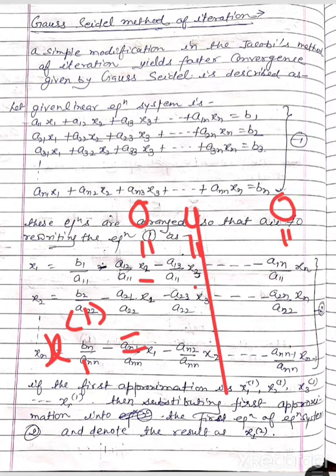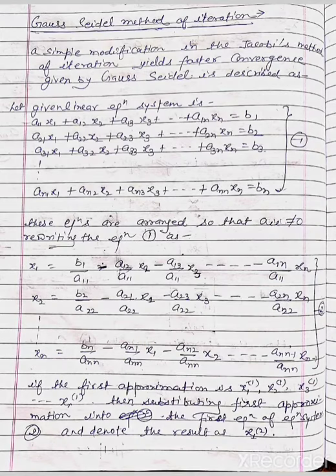So we get the first approximated value of x1 as v1 over a11, and then we use this computed value for the computation of the first approximation of x2.